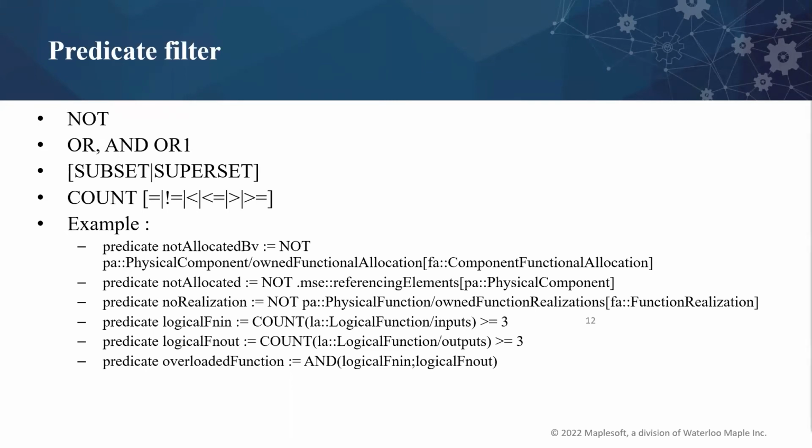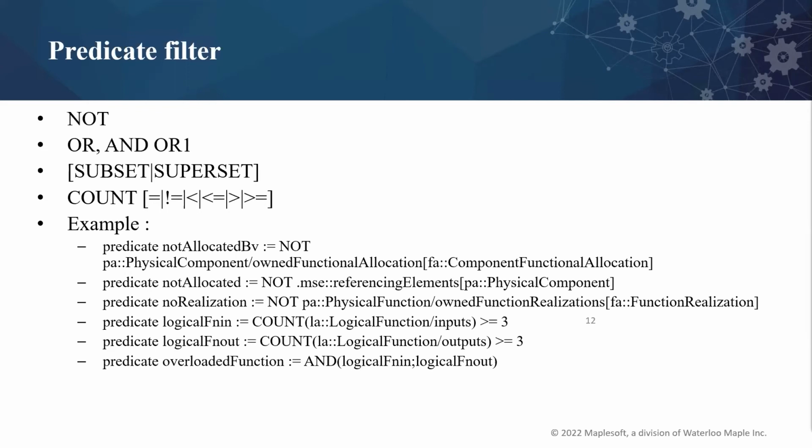And let's say the predicate is called logical function in and logical function out. This is a predicate where I want to see how many inputs a function has or how many outputs a function has. What this predicate specifically does is display only logical functions which have at least 3 or more input ports.